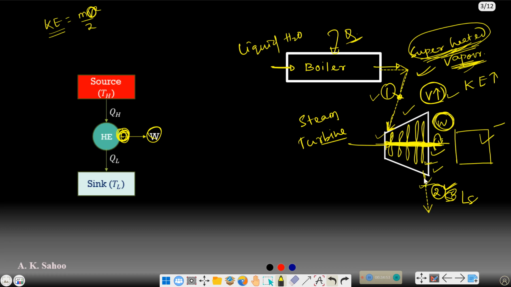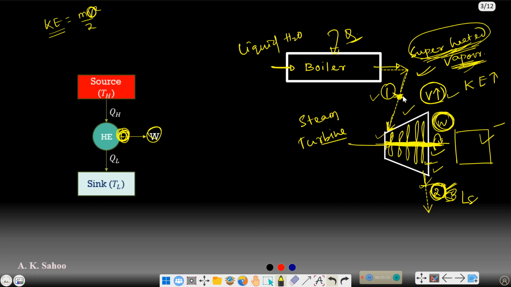When it has gone out of this device, it has this amount of energy. So the amount of energy lost by this steam will be equal to the amount of work we have produced, right? Although it is not necessary for us to calculate how much work we are producing for this steam turbine, still you can have an idea.